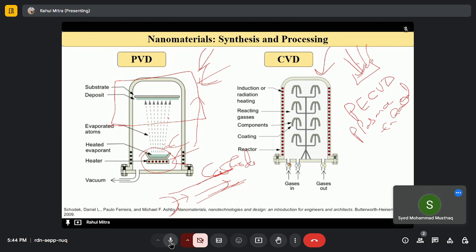Or there is another chemical vapor deposition, that is laser CVD. And typically we have nanocrystalline or amorphous types of material that can be formed.